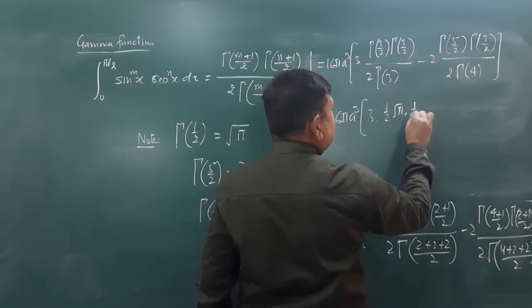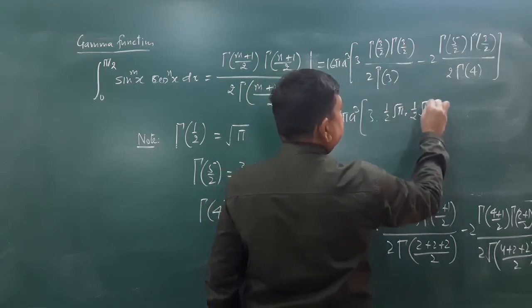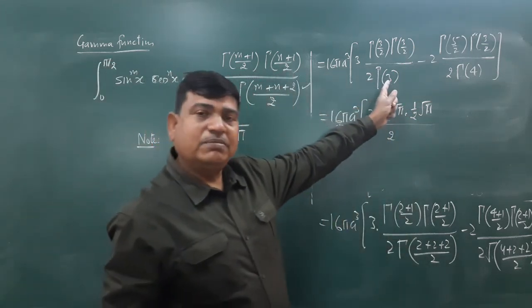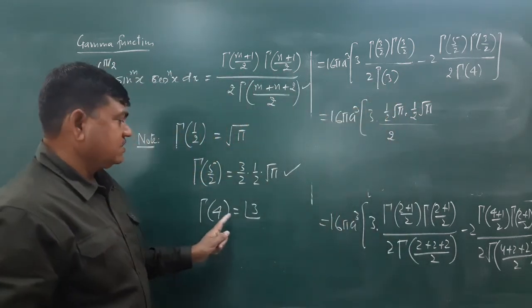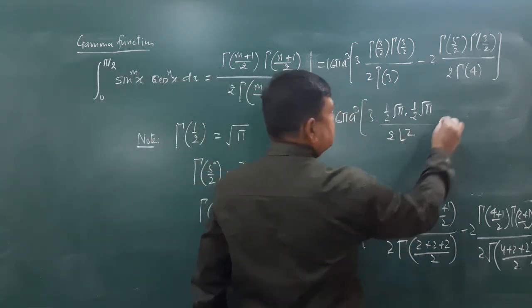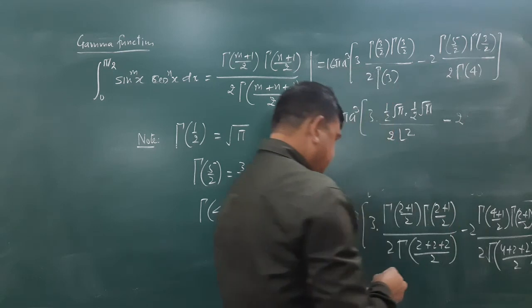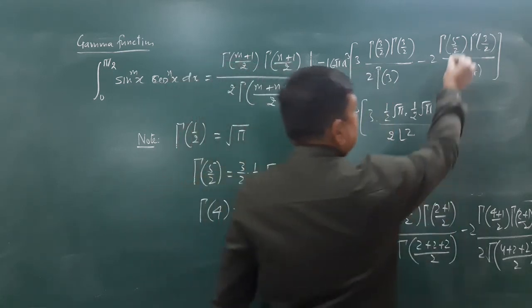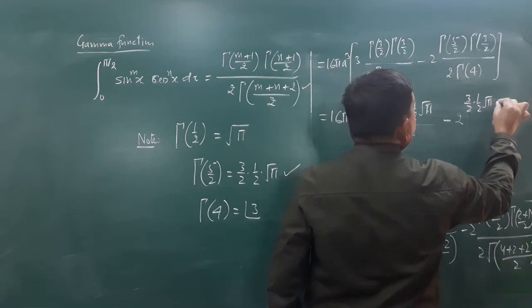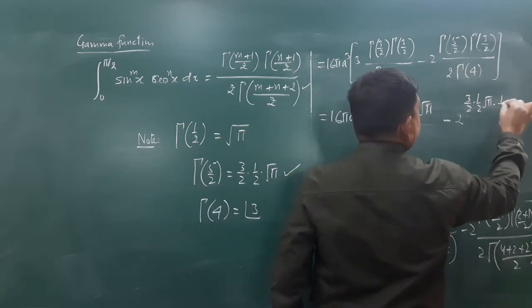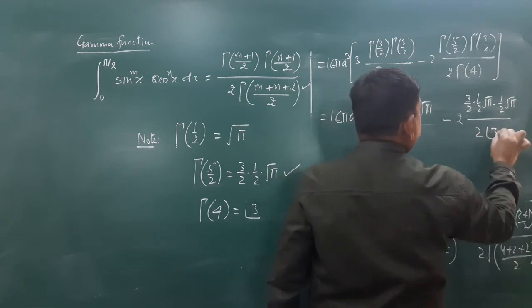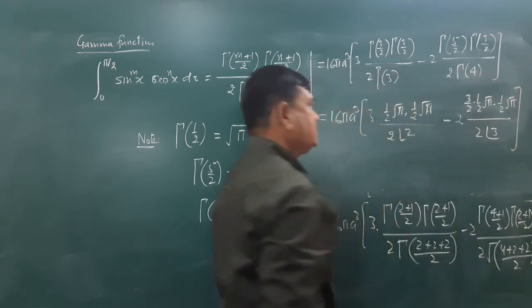Similarly 1 by 2 into root pi. This is 2 gamma 3, a natural number, so one less factorial. Gamma 4, then factorial 3, so it is gamma 3 and it is factorial 2, minus 2 times gamma 5 by 2, so it is 3 by 2, 1 by 2 root pi, into 3 by 2, so it is 1 by 2 into root pi, upon 2 factorial 3, gamma 4, that is factorial 3.